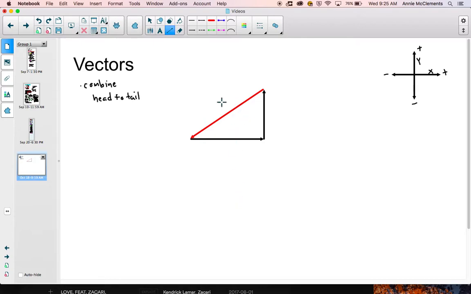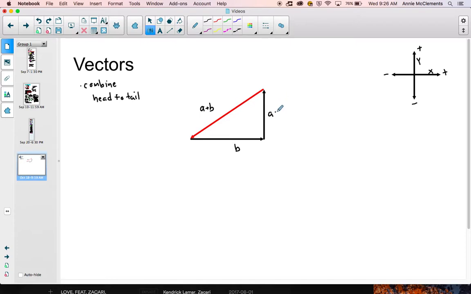If this here is vector A, and this one's vector B, my red arrow is the combination of vector A plus B. The overall motion of the object is actually down and to the left. So we talked a bit about working this through graphically, so this should look familiar. And now I want to talk about the algebra of it.